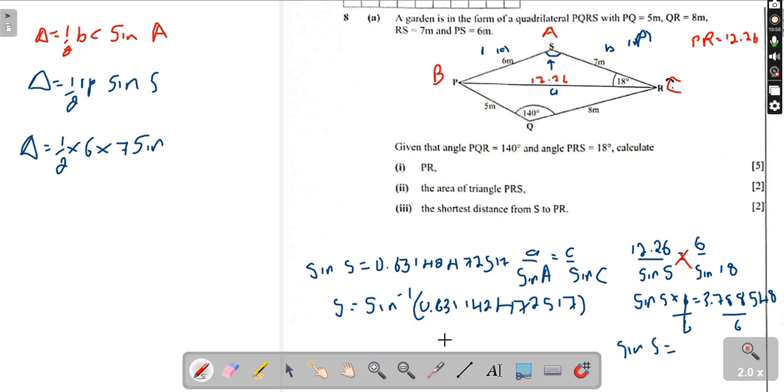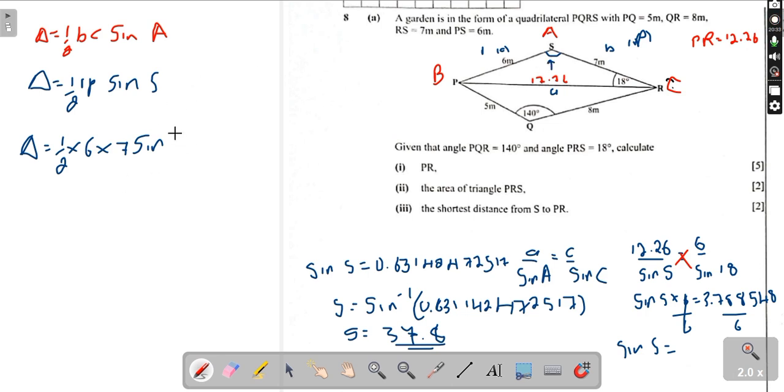Here I have gotten 37.8. For angles you just round off to one decimal place, so this angle is 37.8.